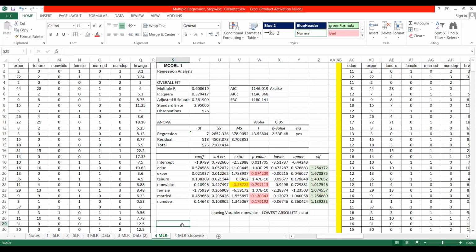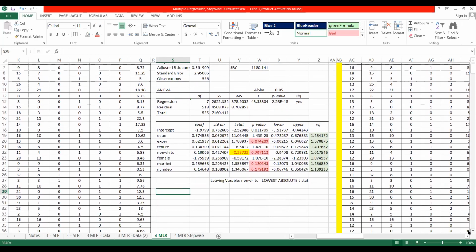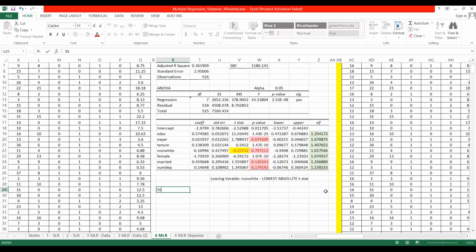If you recall, guys, sulat ko lang dito para very quick review. SST natin. Ano yung SST? SST is the sum of what? Ano yung kino-compare natin pag SST? Yung mean, di ba?